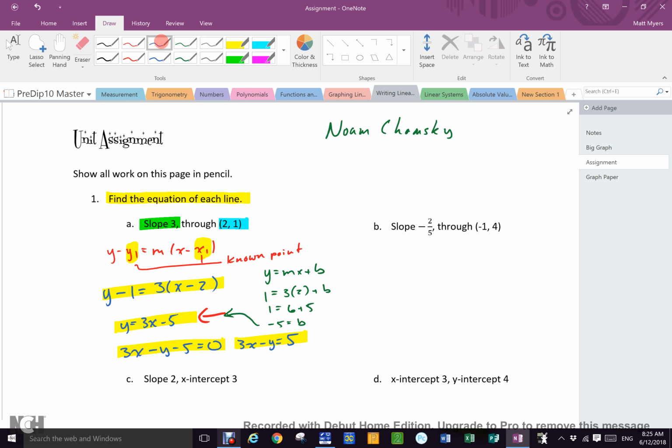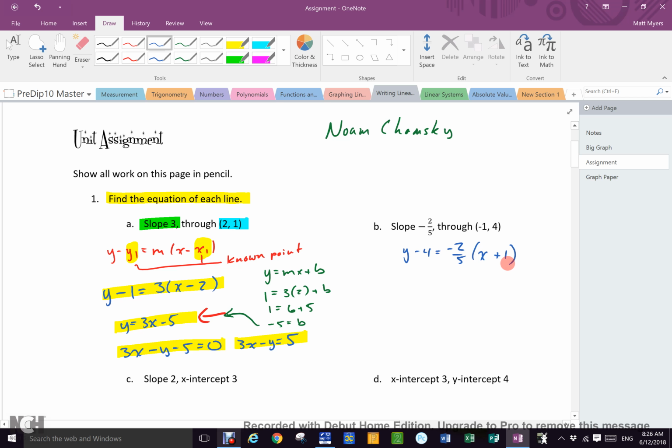What would I use in B? Because you all already did this, all you have to do is look down at your paper and say what you did. Point slope: y minus 4 equals negative 2/5 times x minus 1, which is x plus 1. And that would get you a full mark.